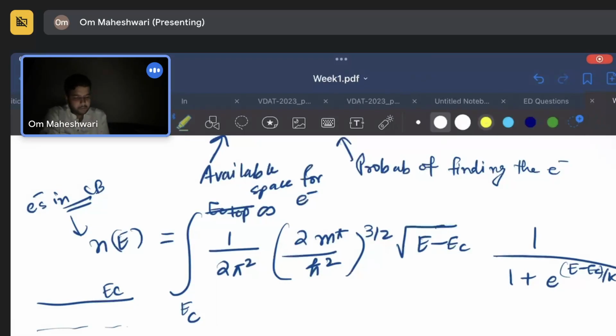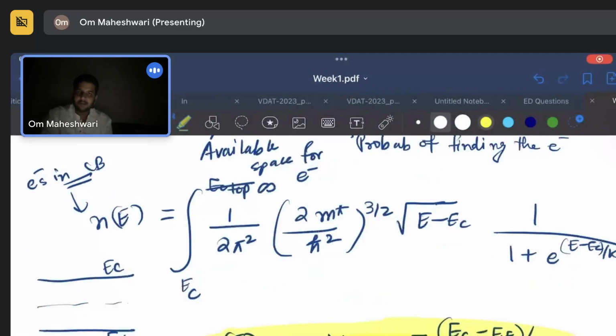This is one of the important results that we may need for solving the questions. No need to remember all of the derivation, but it is good to know, but you should know this.